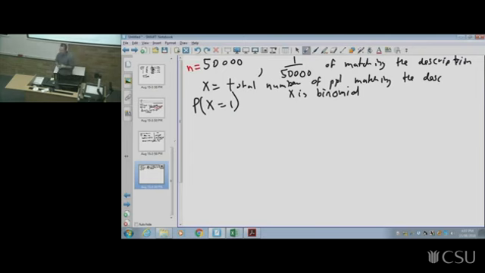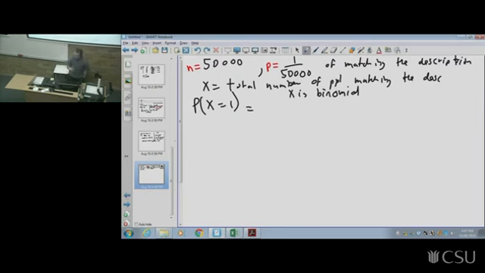That's the number of trials we're doing. For each person you're looking at, what's the probability that a single person matches the description? That's 1 in 50,000, the probability of success for one trial. If you pick one person at random, it's not very likely they match the description. But we want to know what the total is among the whole population.